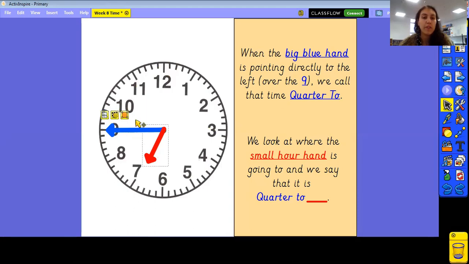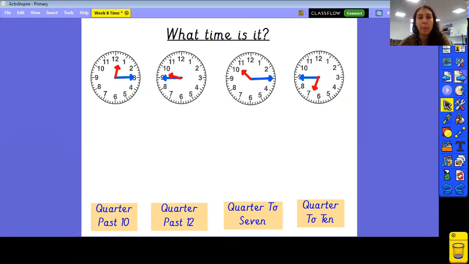Let's do one final one. What time is this? Well done if you said quarter to 11. That's because it's pointing at the 9, which shows it's quarter to, and the big red hand is going to 11. So quarter to 11.